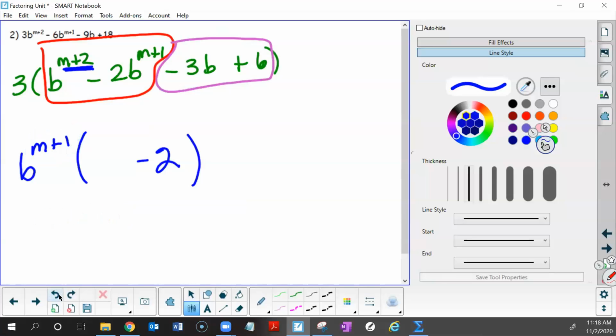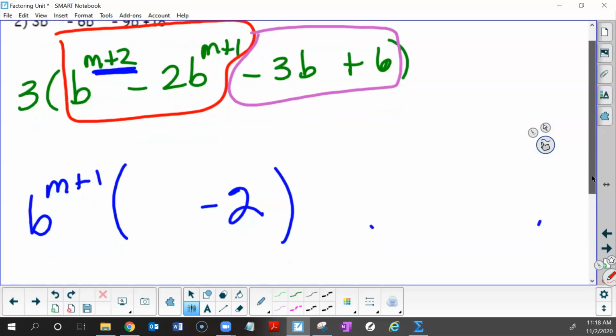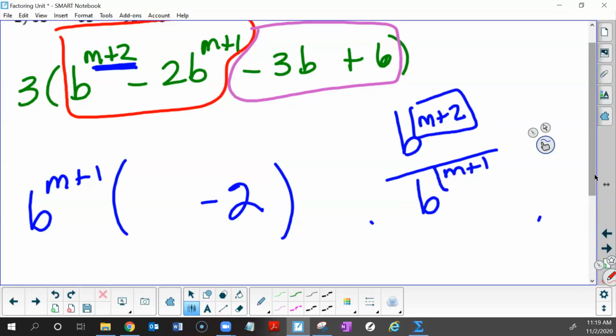You remember, you can always subtract. So it could also be like this. Remember, we're dividing. We had b to the n plus 2, and we're dividing it by b to the n plus 1. And remember, what do we do with these exponents? We subtract them.